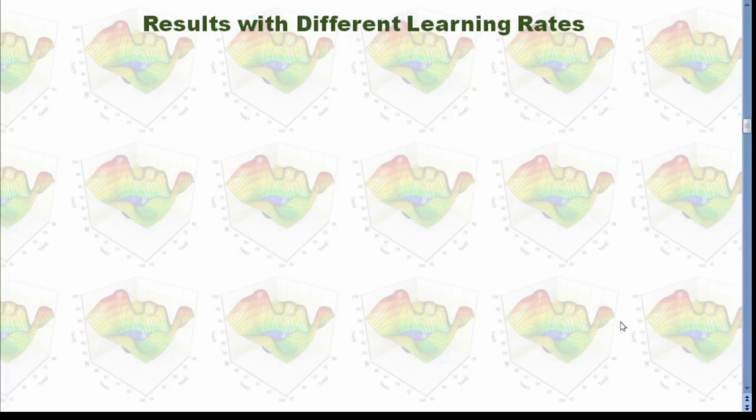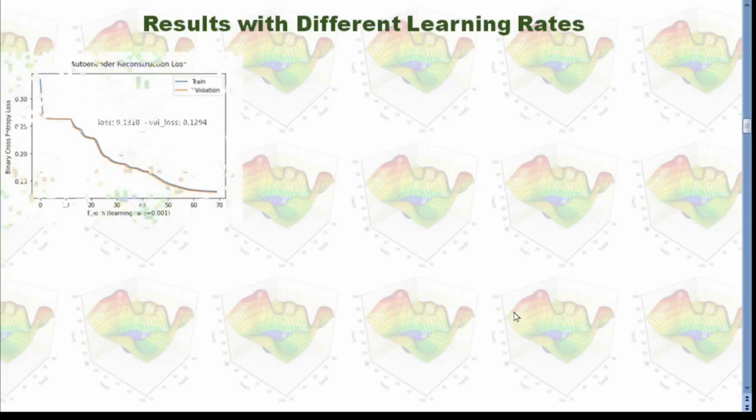I summarize the training results with different learning rate and put it here. If we have learning rate at 0.001, we have the result like this, and this is the value from the loss function, this is for the training set, and this is for the validation set.